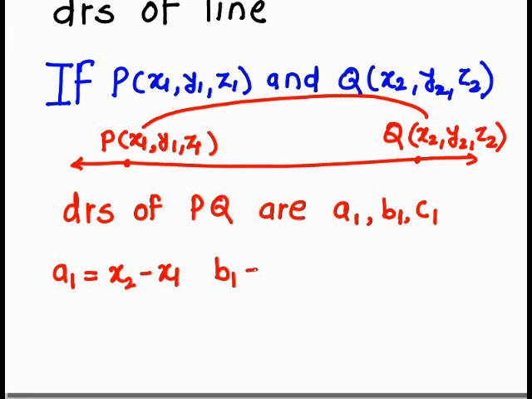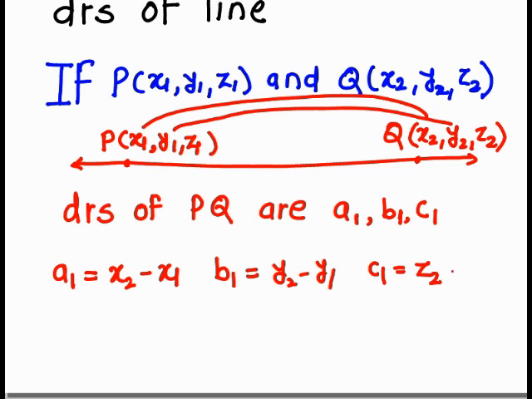B1 is equal to y2 minus y1, the difference between the y coordinates, and C1 is equal to z2 minus z1, the difference between the z coordinates.